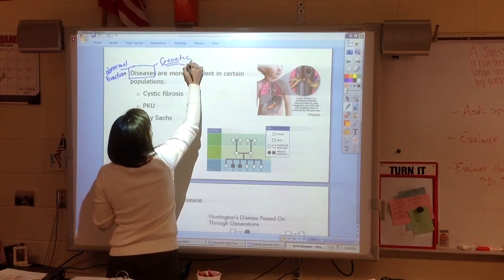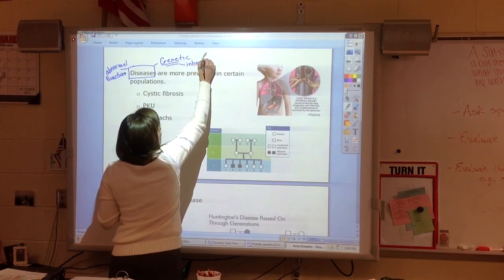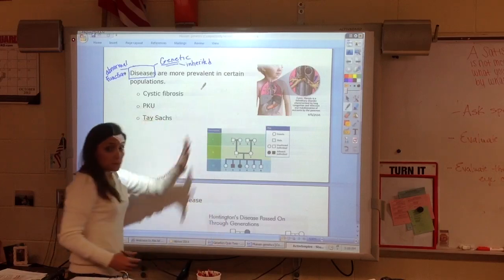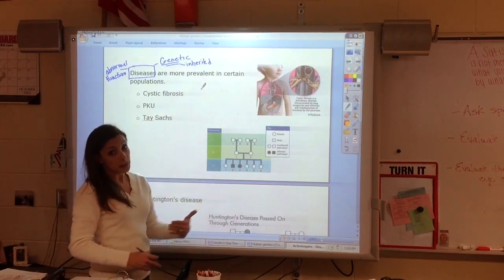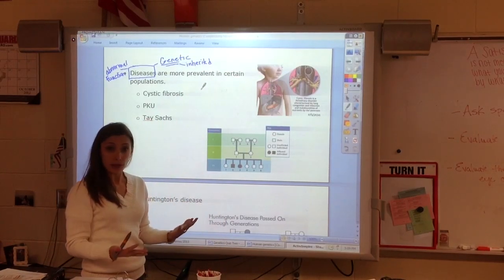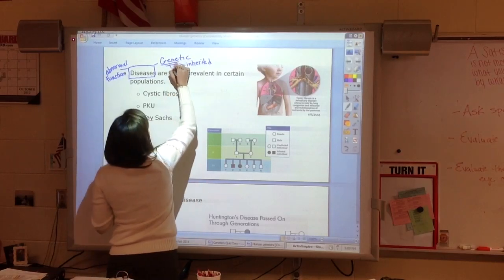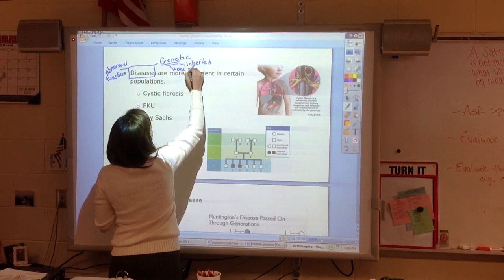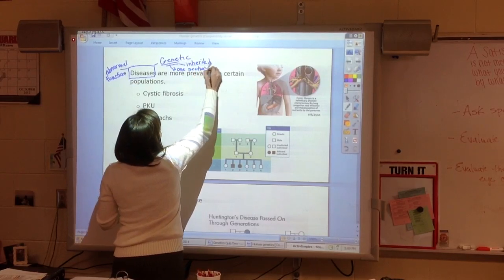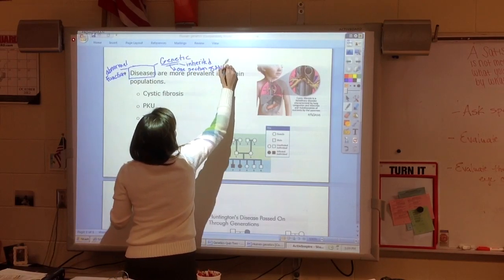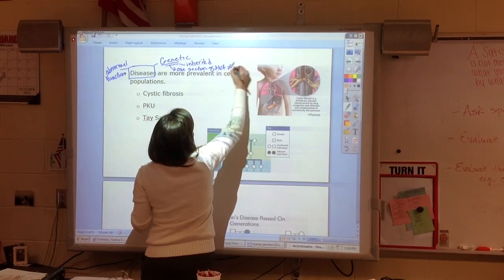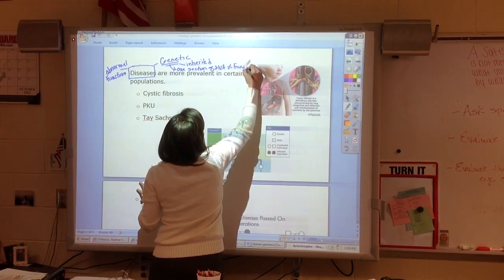One definition is that it can be inherited. So it can be passed from parent to offspring, that you're born with it. But another more thorough definition is that one section of the DNA is not producing a functional protein.